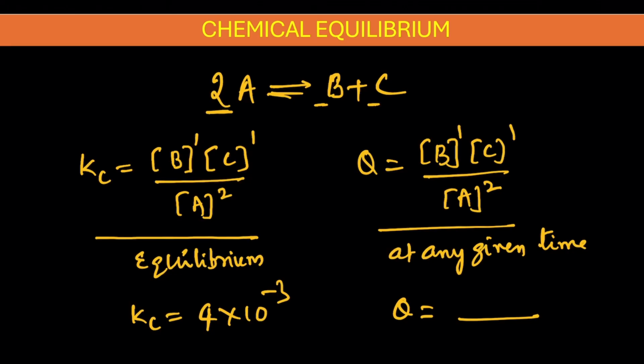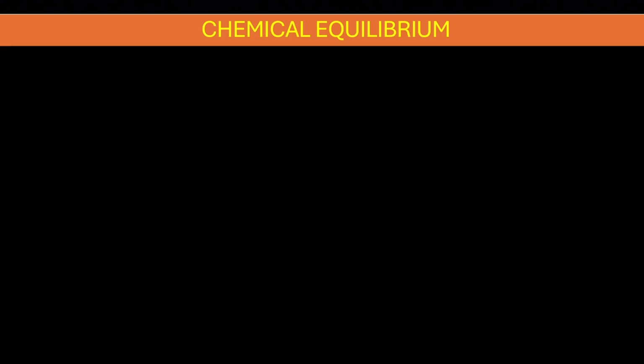Once we get Q, then we look at three different cases. What are those three cases? If Q is equal to Kc, that means if the reaction quotient is equal to Kc, then the reaction is said to be at equilibrium.